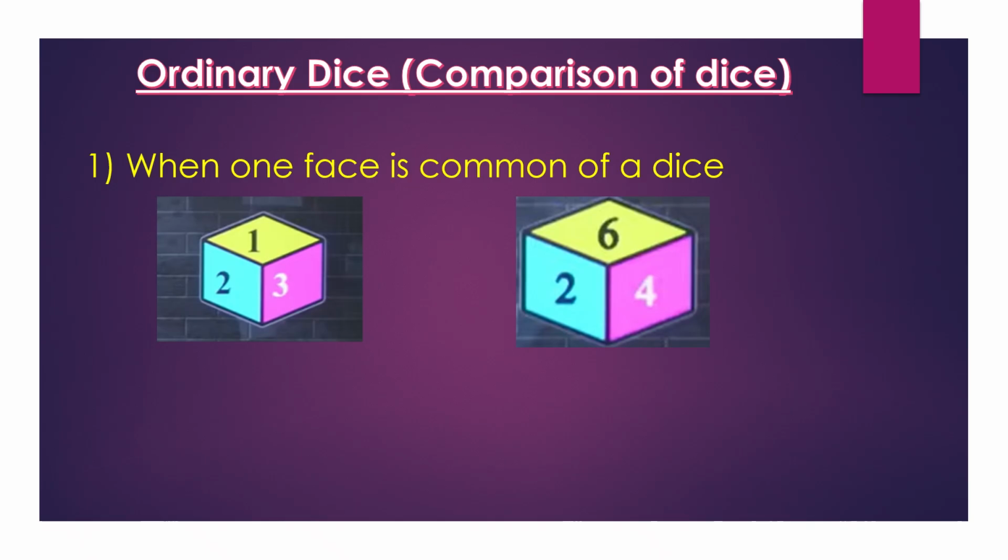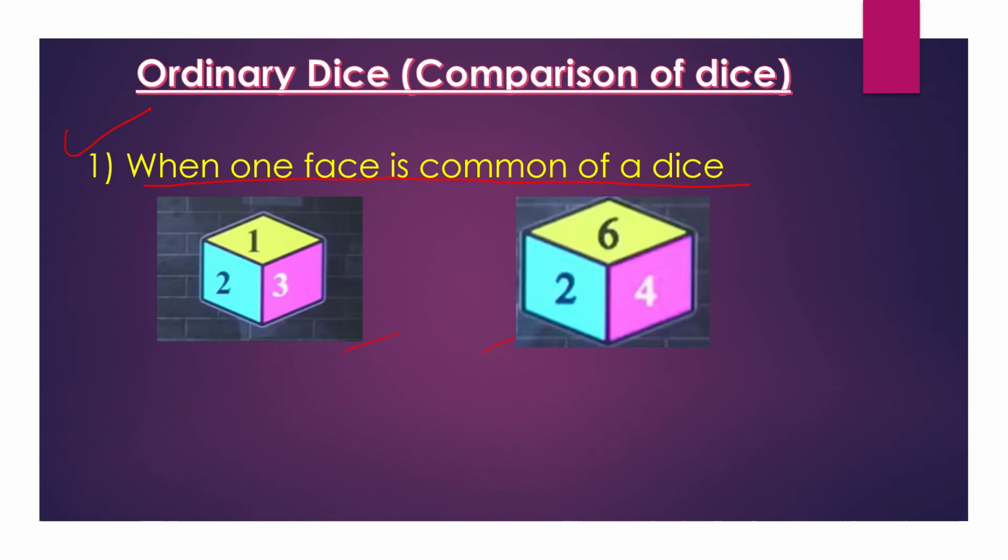The first is when one face, or one number, is common in the dice. Here two dice will be given, or three dice, or four dice can be given. They ask you to compare the dice, and they will ask for the opposite number.